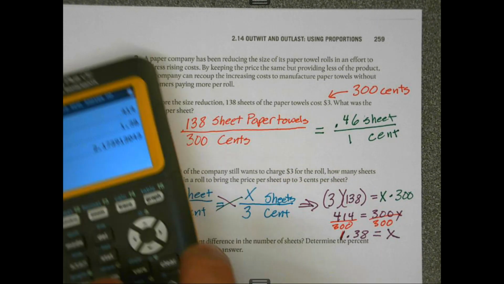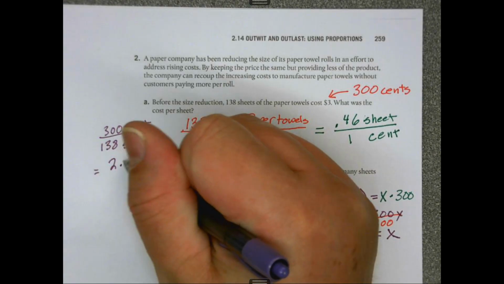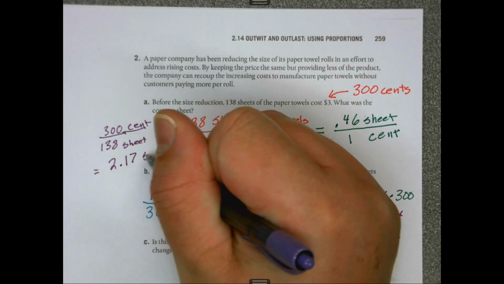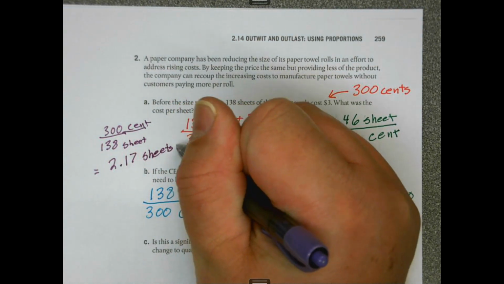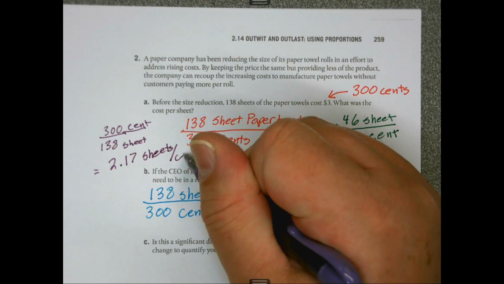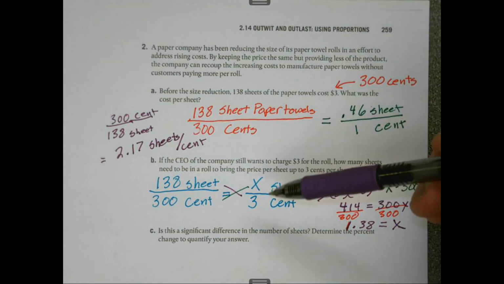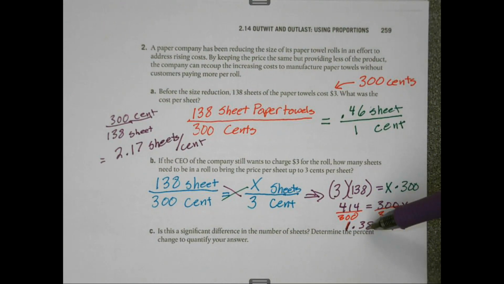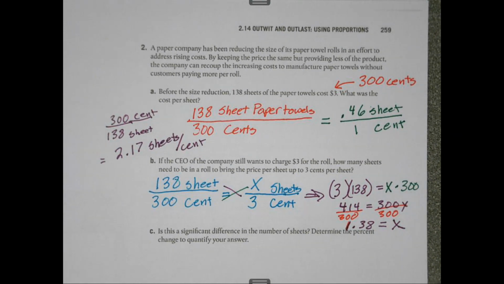So for 3 cents, you get 1.38. Then I'm going to have to multiply that by 3. So 2.17, I'm going to multiply by 3. So I get 6.52 sheets per 3 cents.